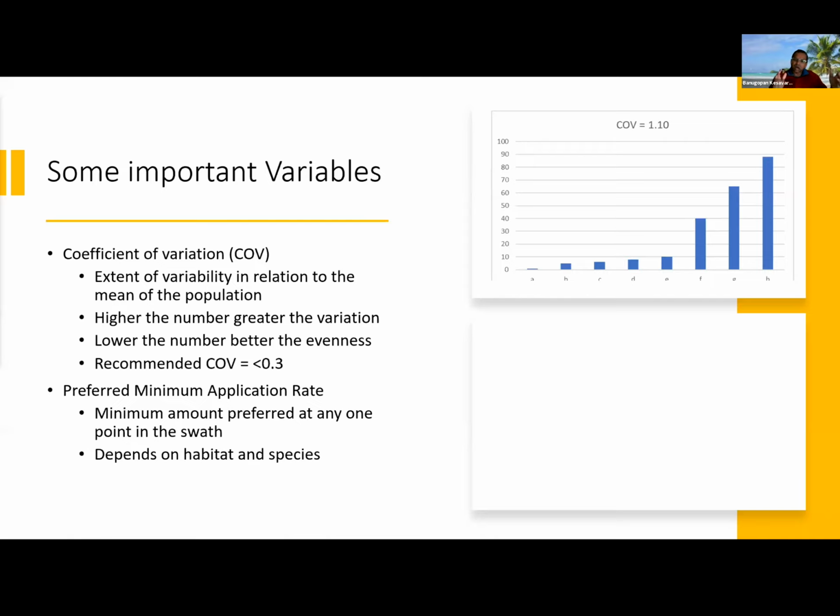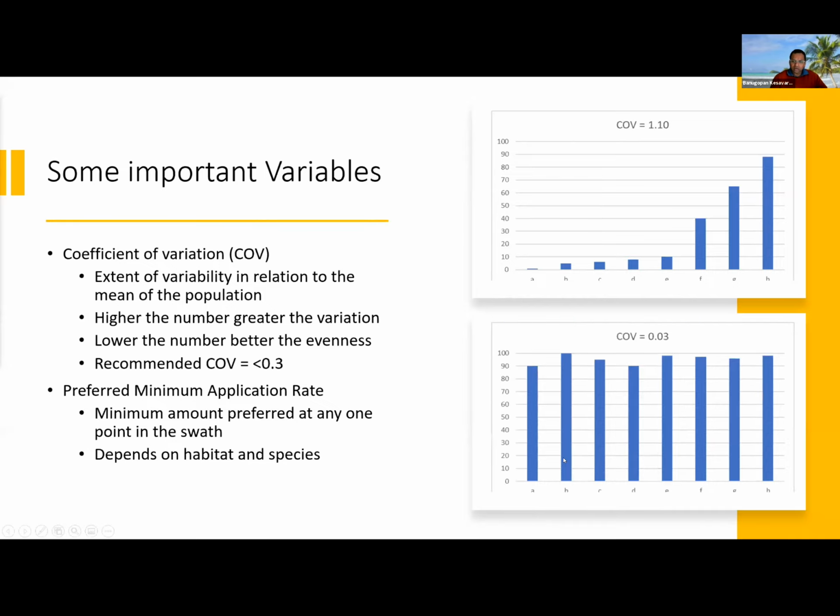The average is not representing what's happening in the field. In this kind of scenario, you will have a COV which is high. Anything in the range of 1 is a pretty high coefficient of variation, saying that the data is too variable. The mean that you have is not really the mean that you can use for deciphering anything, because it has these infrequent distributions.